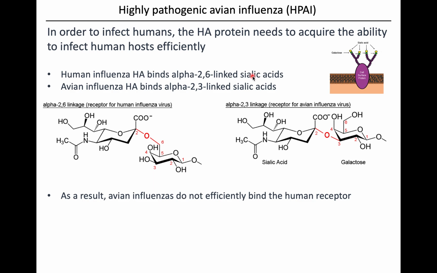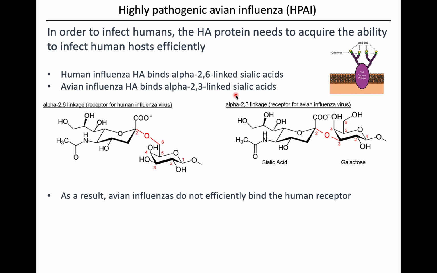And so if we think about these avian influenzas being able to infect human hosts, for them to really efficiently spread in humans, they would have to acquire the ability to establish that infection, which of course means attachment primarily. And you might remember that human influenza viruses like to attach to this alpha 2,6 linkage between the sialic acid and galactose molecules that are on these host cell surface proteins, right, in the respiratory tract, whereas the bird flus prefer this alpha 2,3 linkage.